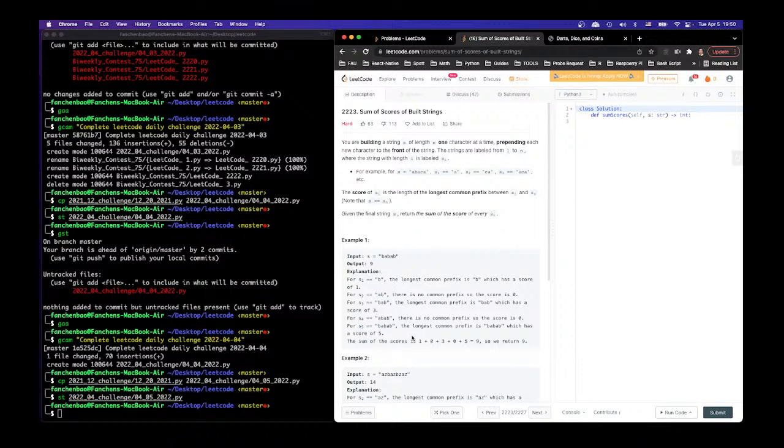So after we match, we know that the initial is a full match. So after the full match, the next match will happen after going through a certain distance, right? A certain distance.